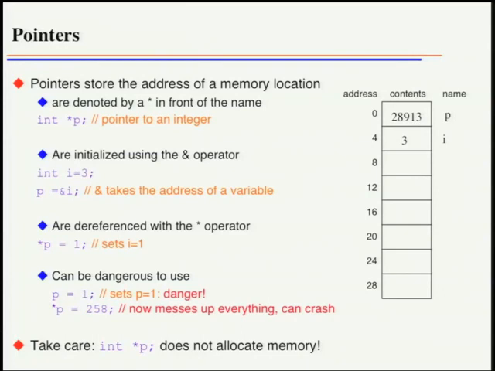So the memory at location i contains this value 3. So now we can set p to the address of the variable i. Here we see i is an alias for the memory location with the address 4. And this address is now stored in the pointer variable p.